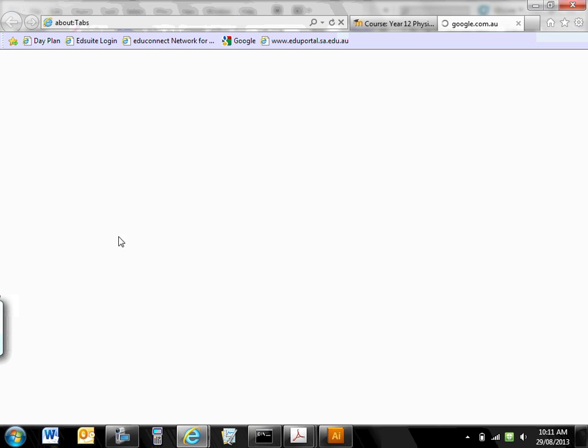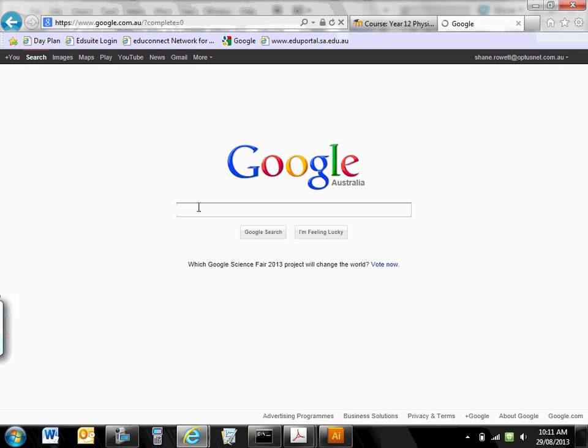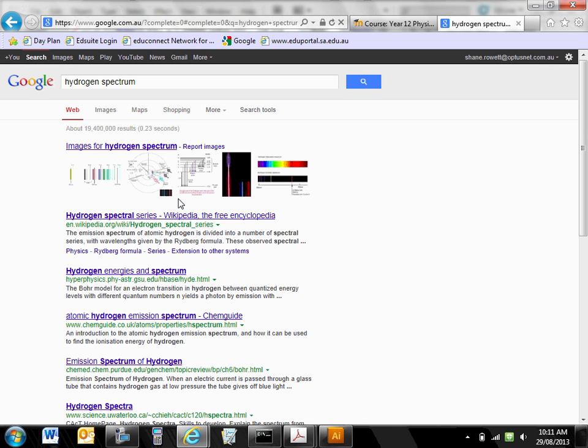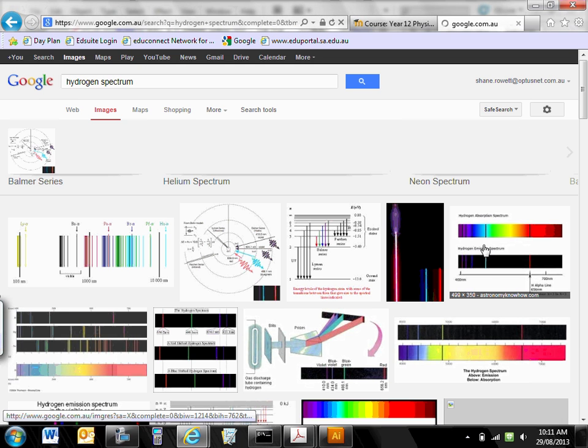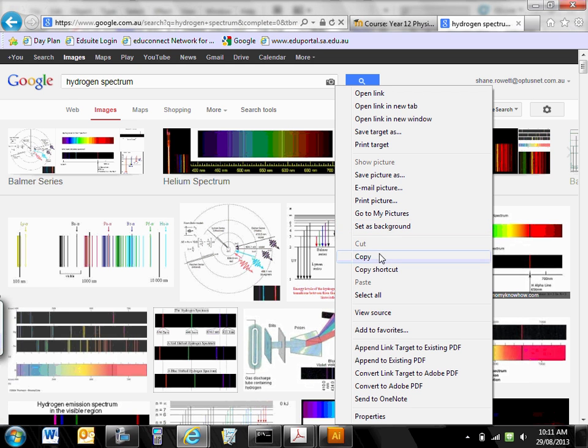So now let's just get a hydrogen spectrum here. This one will do.